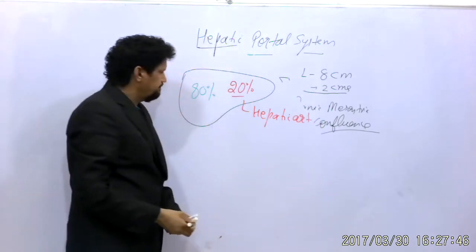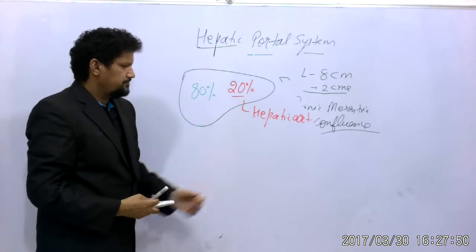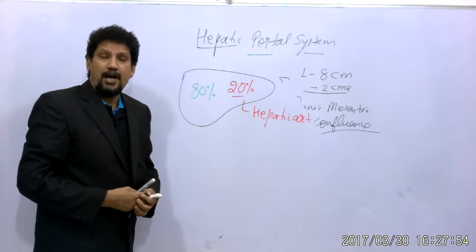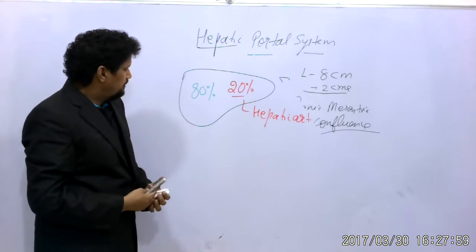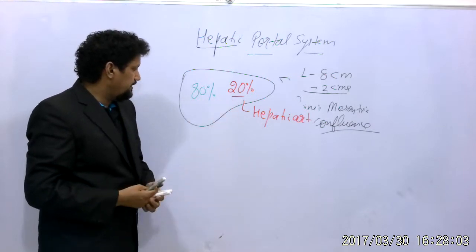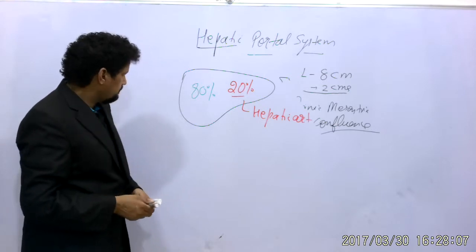So, this blood is coming from the right ventricle, and this blood is coming from the abdominal part of the GIT. So, 80% and 20% is the ratio in the vascular supply of the liver.